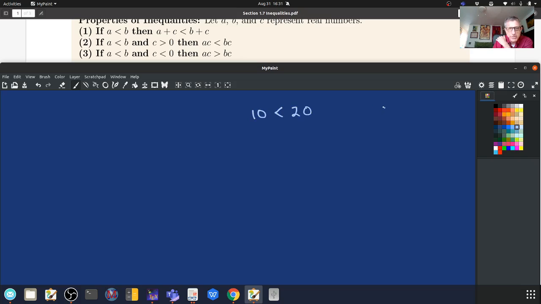In other words, A is less than B. Let's let C be equal to 5. Well, 5 is greater than 0. So when I multiply both sides by 5, I get another true inequality. 50 is less than 100.